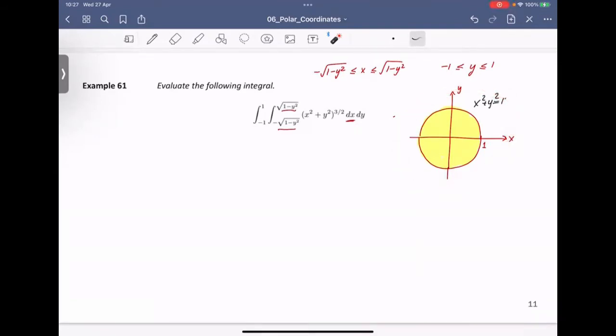And in this question, the picture is already hidden in the integral, so you need to get the picture first. From my experience, students have the hardest time on this step, because it takes a while to get the picture from this.